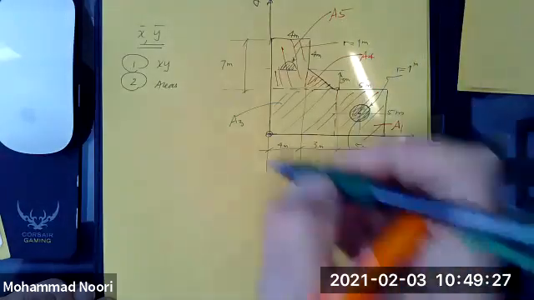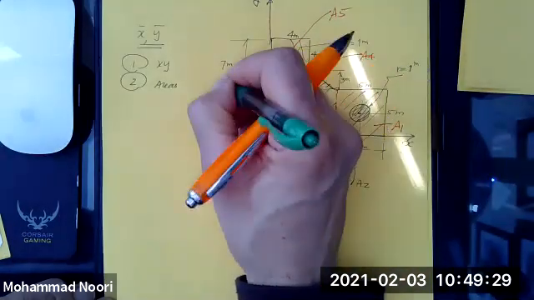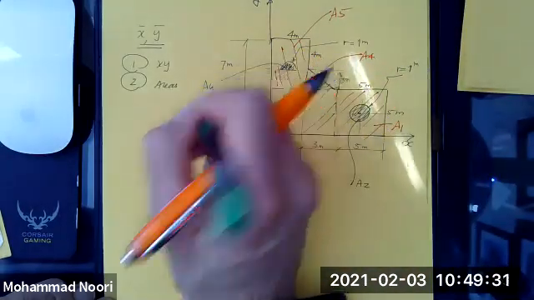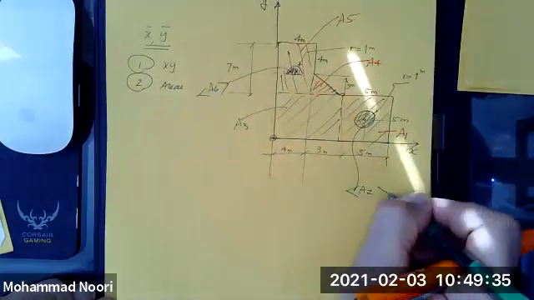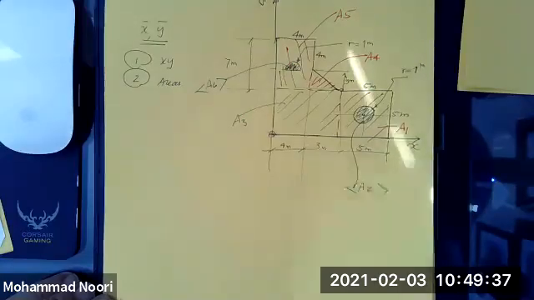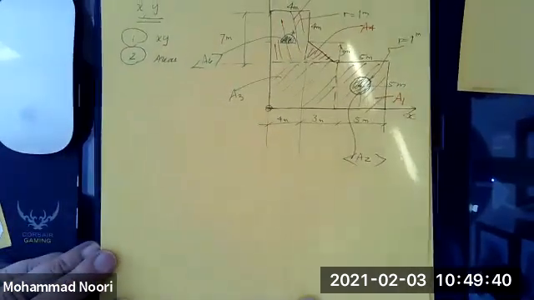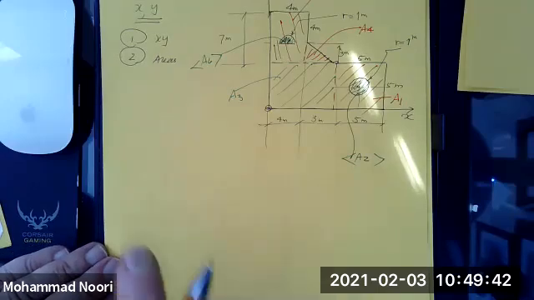And then I have again this little half circle. I called it A6. This is negative and this is negative. Remember, the procedure is the same.